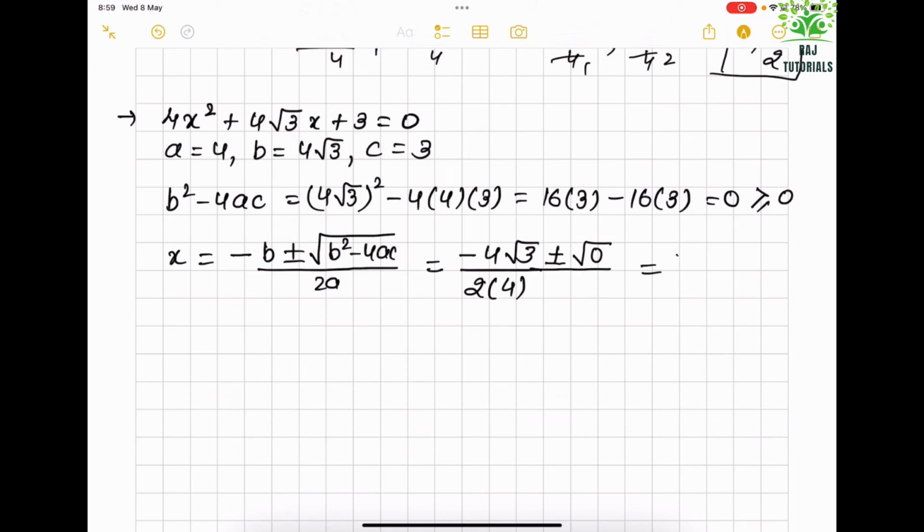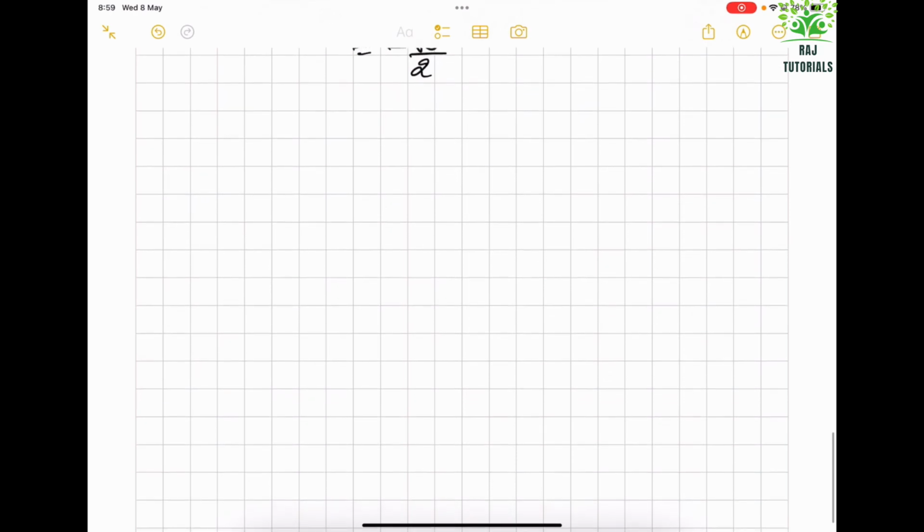So I get minus 4 root 3 upon 2 into 4. So 4 cancels, and I can say minus root 3 by 2. So both the answers are same, both the roots are equal. Two equal roots.